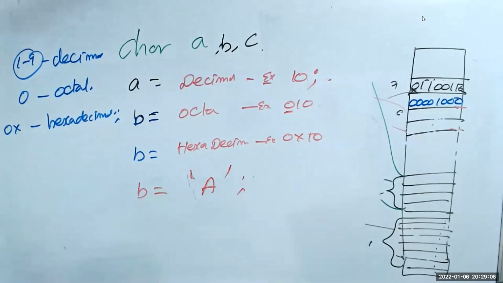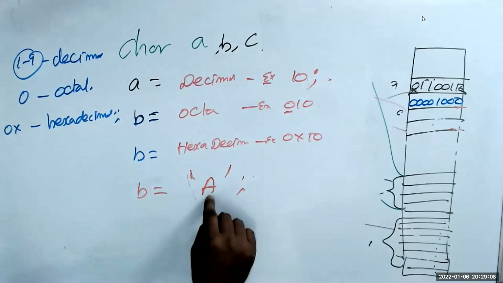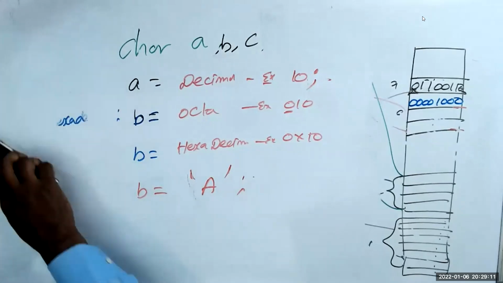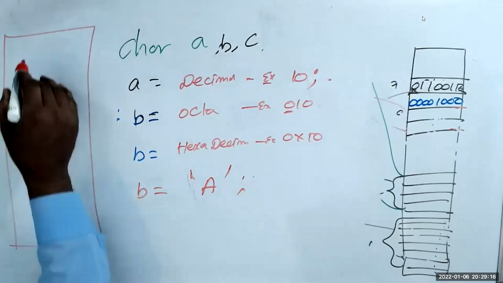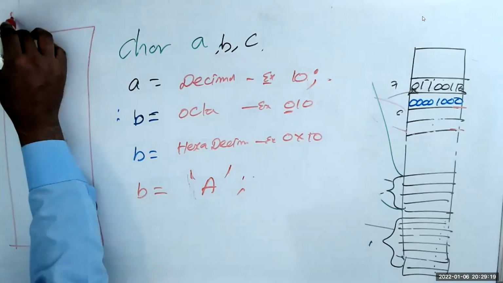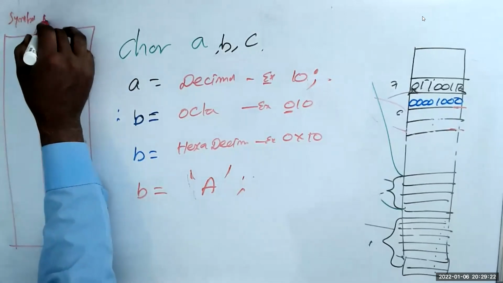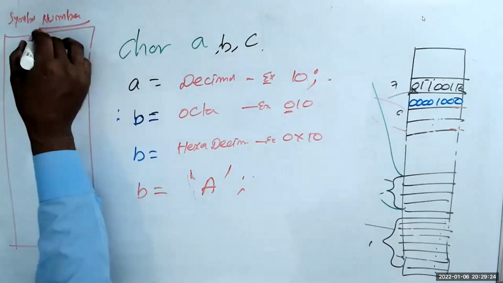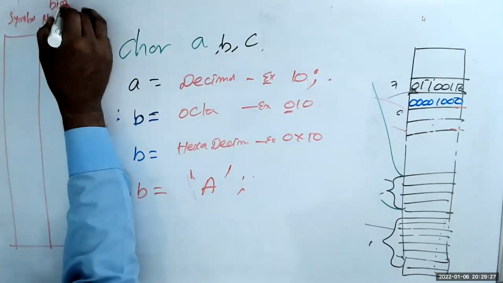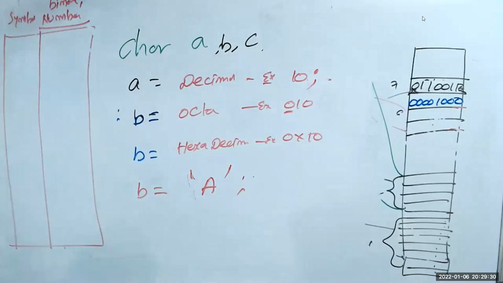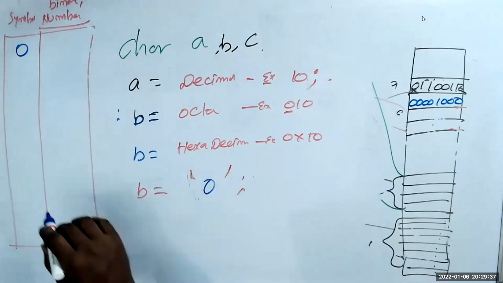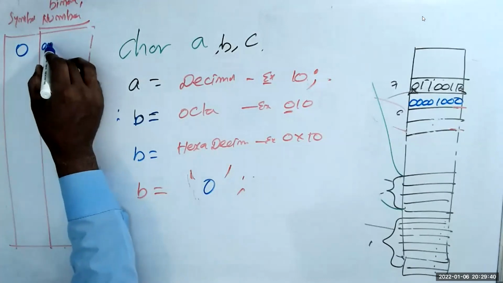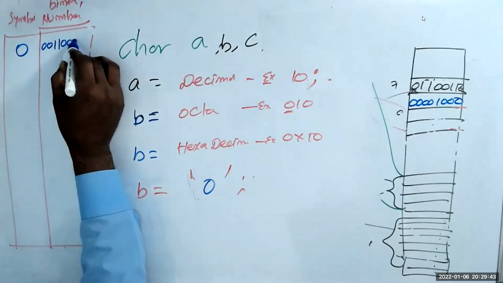And yesterday somebody asked me, it's about ASCII. This is called ASCII. Now what happened? There is a table available worldwide. In the table, for every symbol, there's a number, a binary number. If in quote I give 0, then the binary is 0, 0, 1, 1, 0, 0, 0, 0.